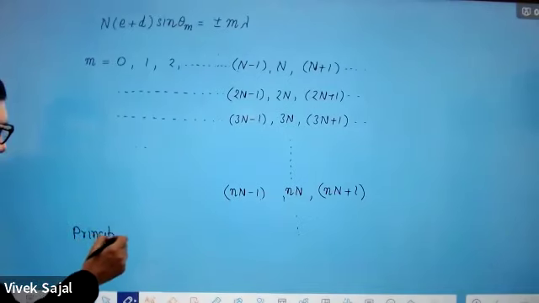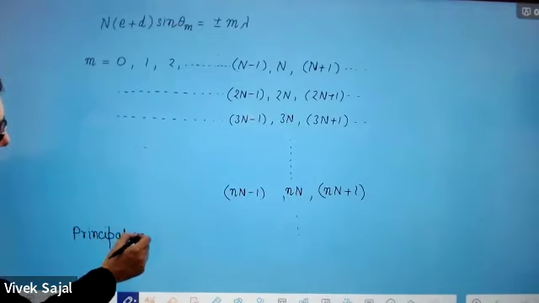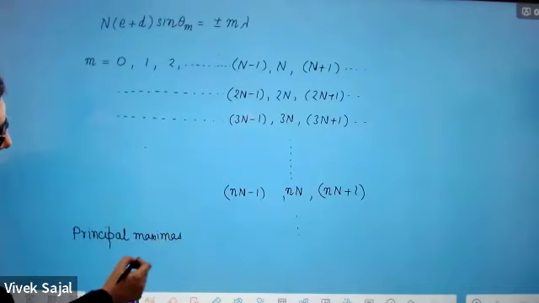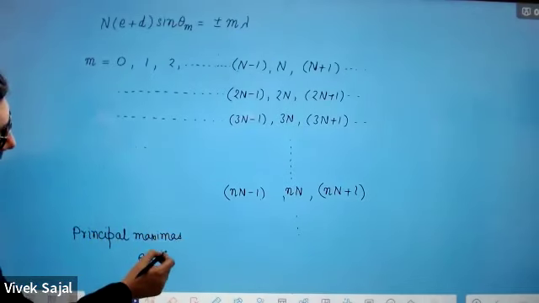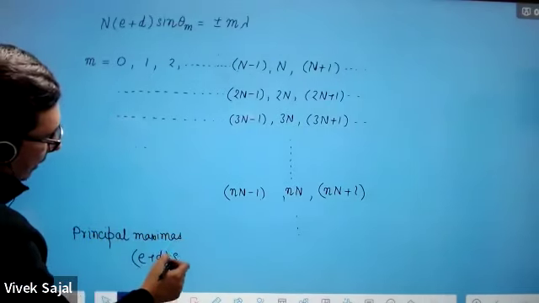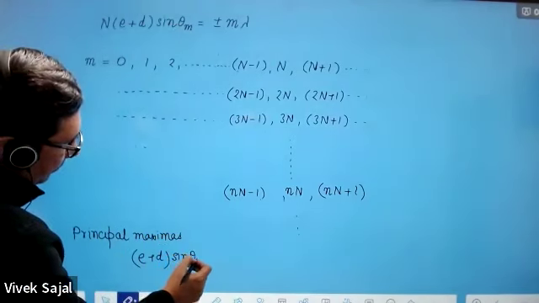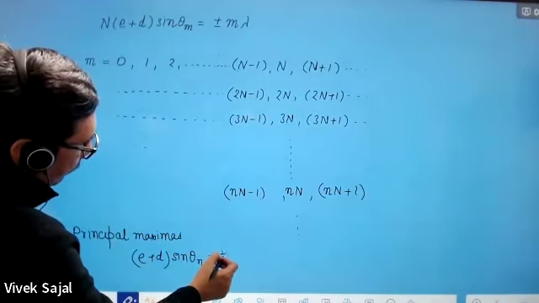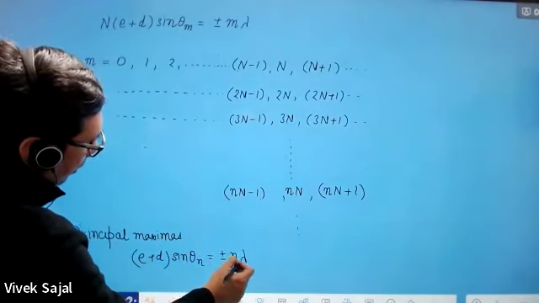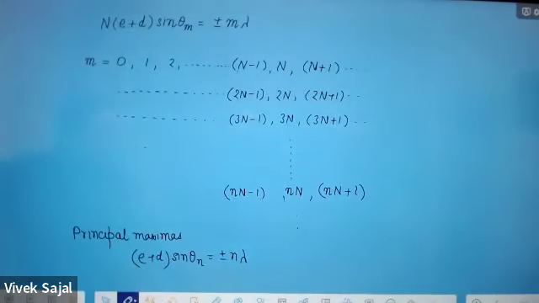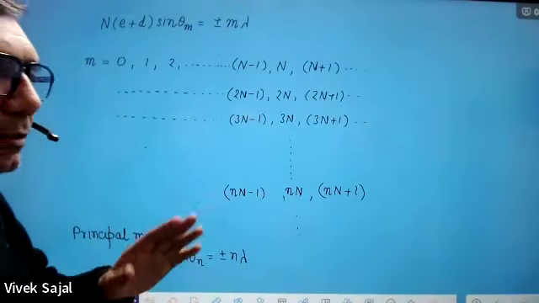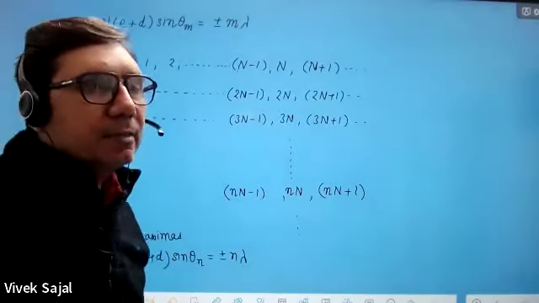What is the condition of principal maxima? It is (e plus d) sine theta n equal to plus minus n lambda. So this equation should not convert into this, otherwise that will be the position of principal maxima.